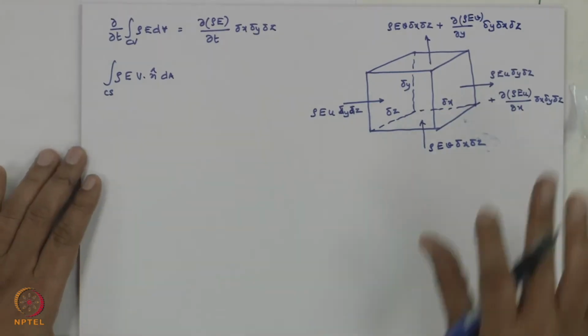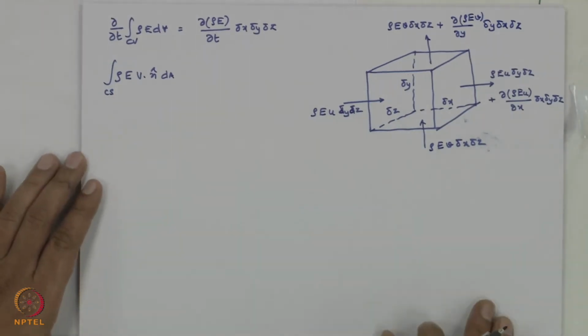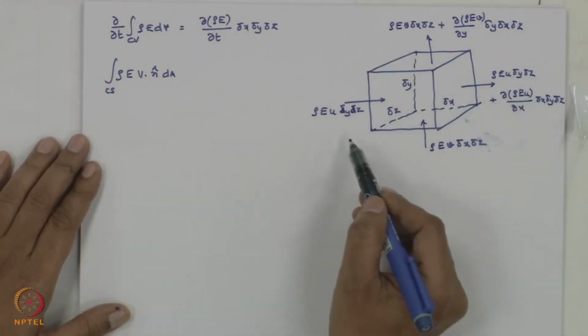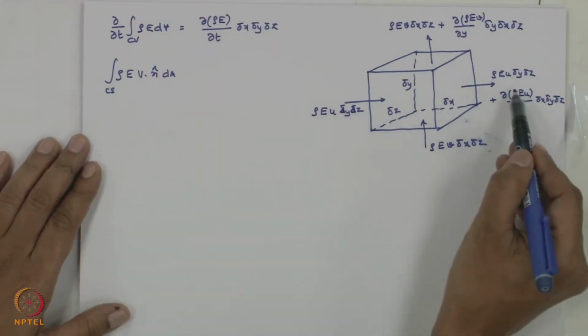Okay, that's it. As I said, I will write only two directions. Whatever is getting in is negative, whatever is getting out is positive. So I don't think I should write all the terms and do it again. This is minus, this is plus.